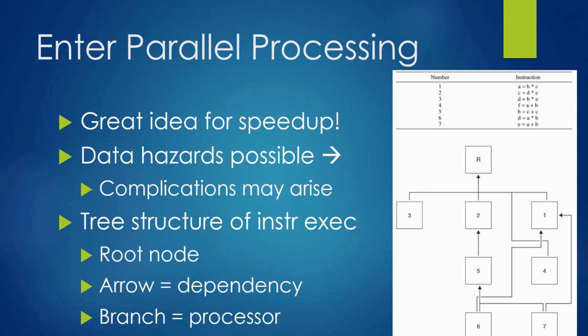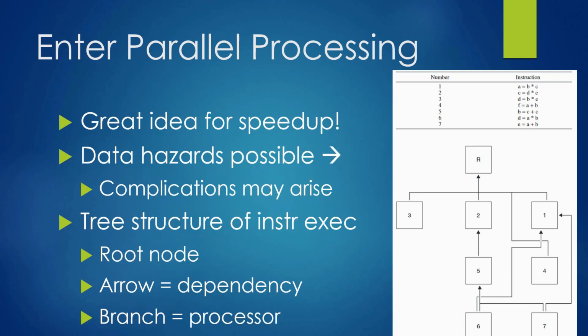I like this diagram because it showcases that limiting factor, that certain instructions are always going to require other instructions, and there will be this singular chain that will prevent further expansion from happening. In this case, it's instructions 6 and 7.